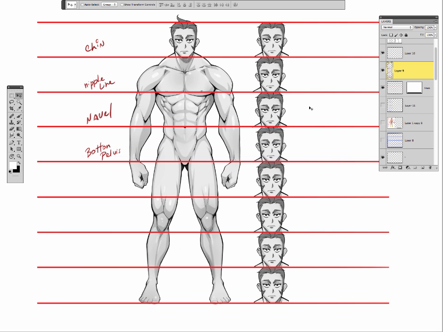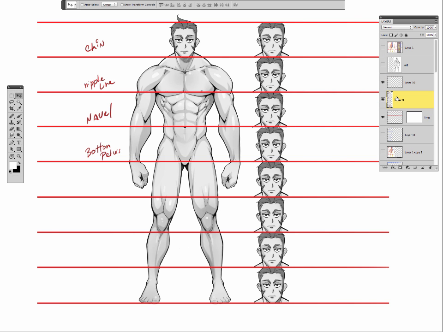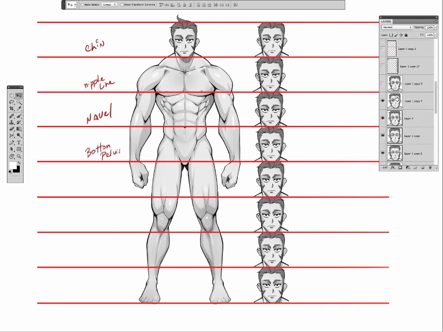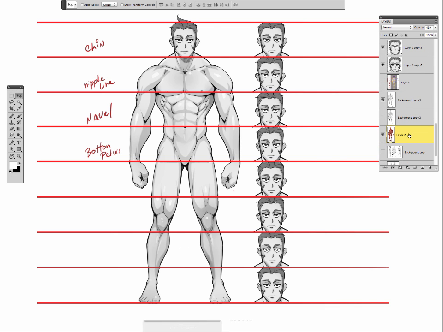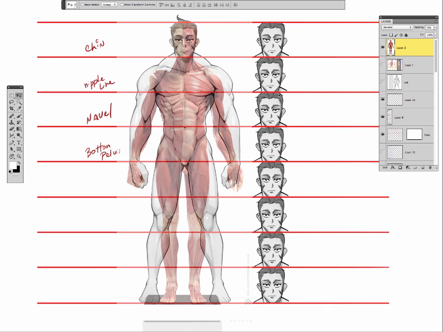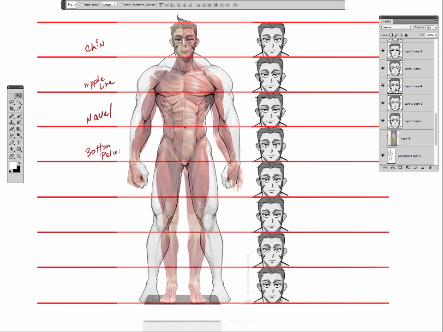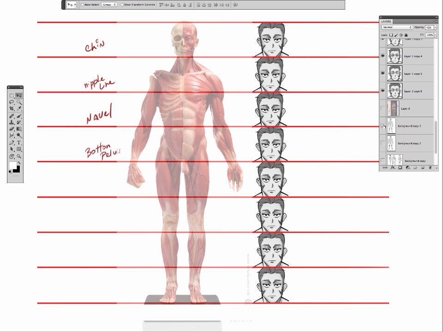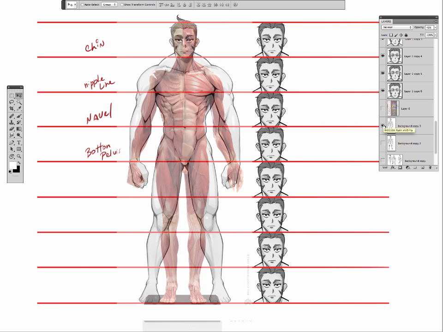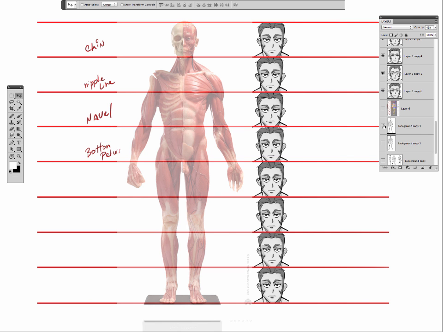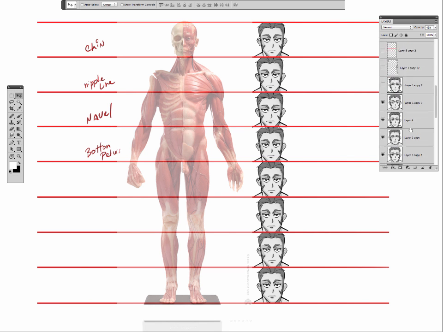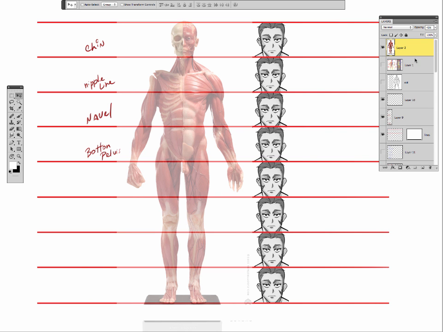Now I'm going to compare. Instead of using my drawing, I'm going to use this photo of this anatomical and precise figure here. Because my drawing obviously is a drawing, so it's more exaggerated. But here you can actually see where all the proportions land. And maybe I should have done it with this from the very beginning.